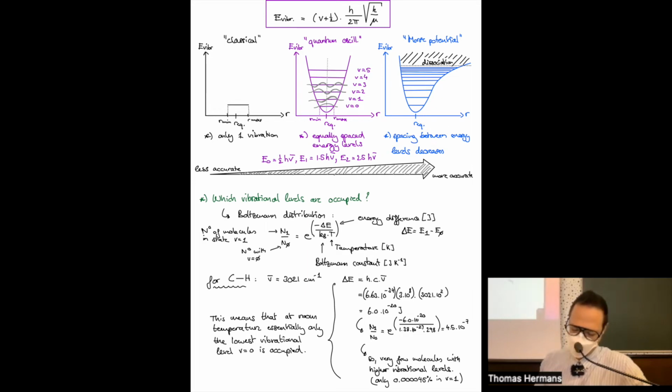And if I'm in the first vibrational level, it would be 1.5 h nu bar, and the second one would be 2.5 h nu bar. So it's quantized, there are different energy levels, whereas in the classical model, there's only one vibration. Okay, the quantum oscillator is better, but all the energy levels are equally spaced.